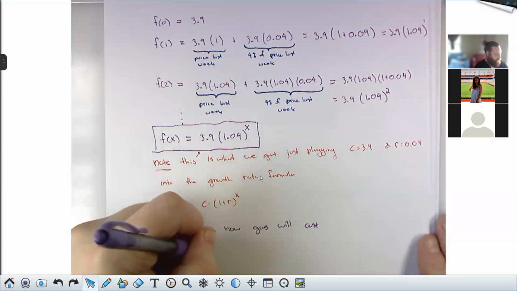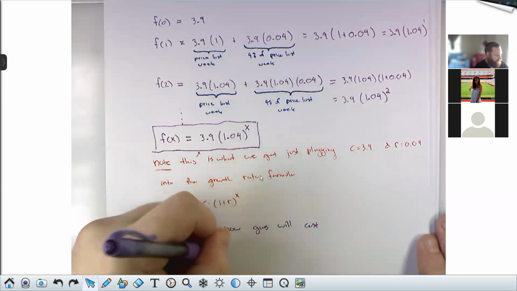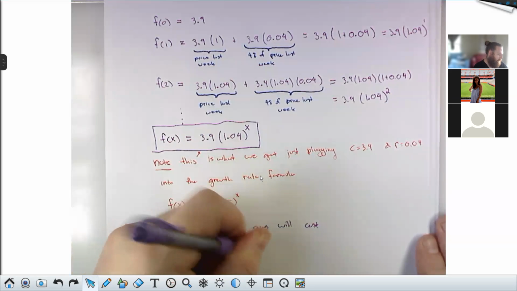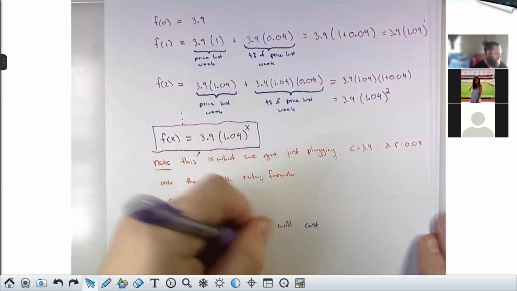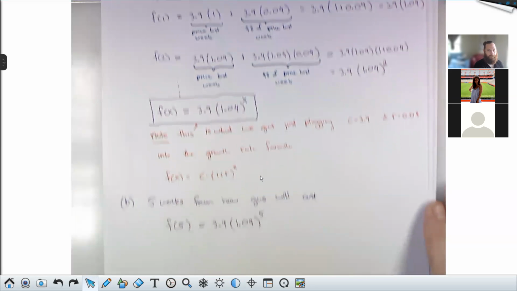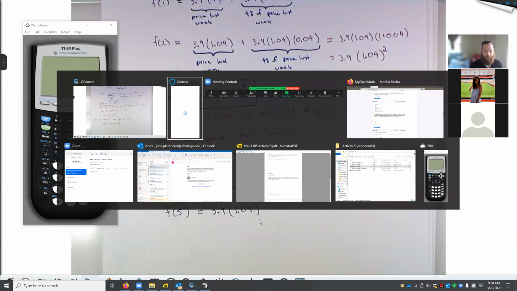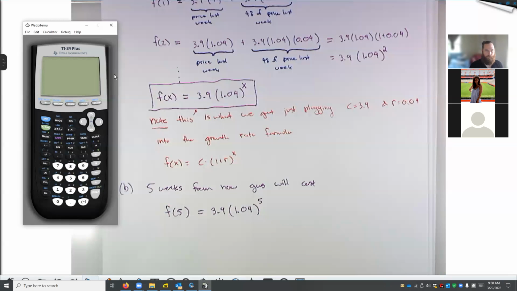F of 5, plug in here, is 3.9 times 1.04 to the fifth power. And this number isn't super easy to compute, so again, we'll lean on my calculator, which is fine. When you type this stuff in, you need to be careful.